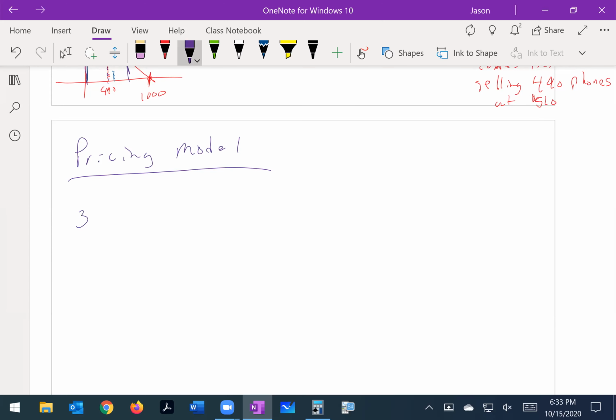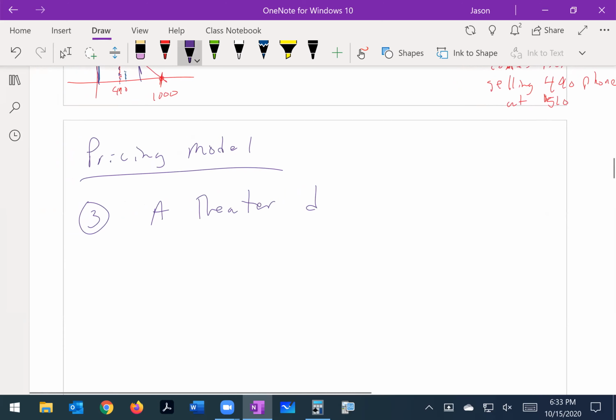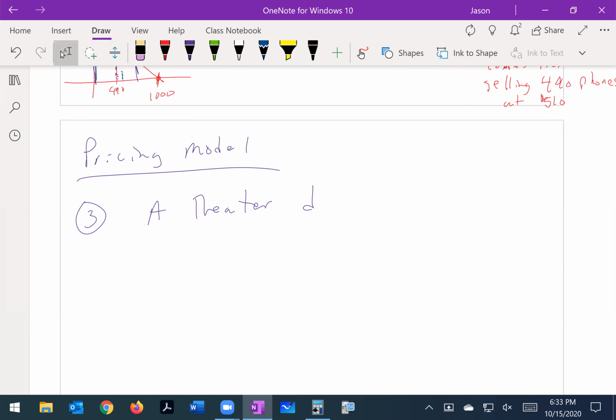Number 3, a theater. Do those even exist anymore? I don't know. I think they've all gone out of business. This is what my grandchildren are going to ask me someday: "What's a theater?" People actually went to a physical place to watch a movie.